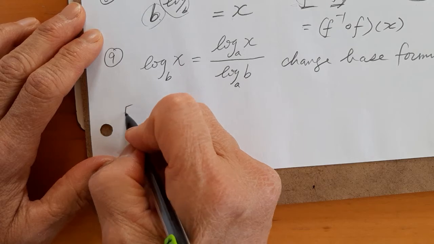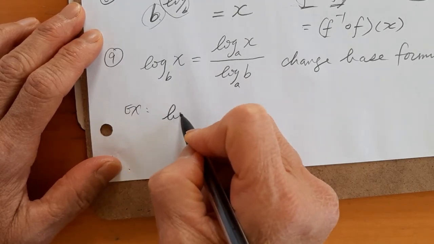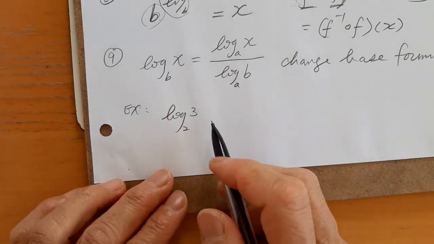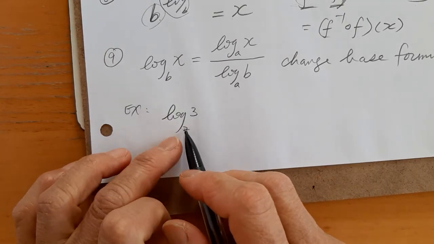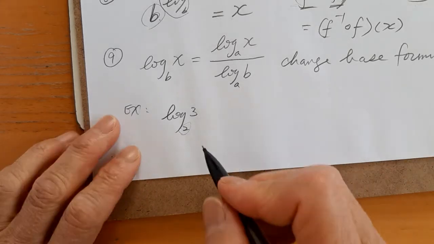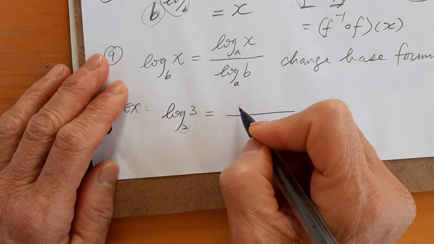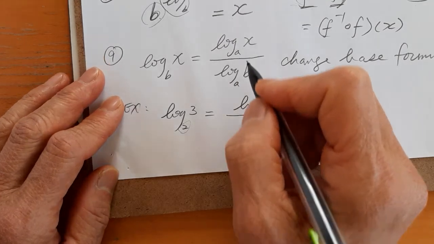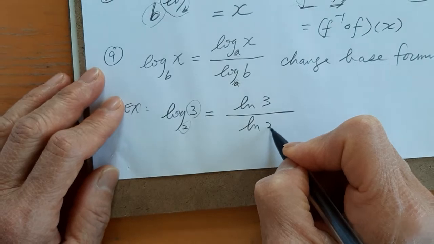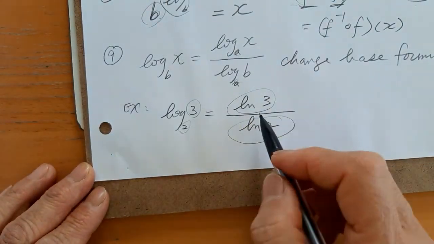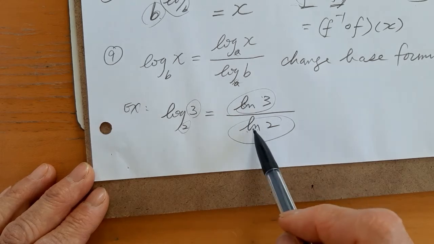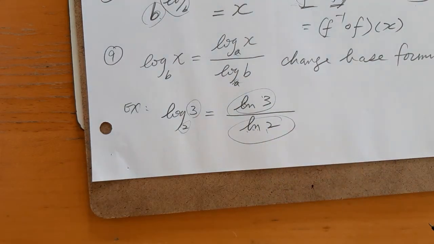For example, like log base 2 of 3. You cannot compute it directly, because the calculator doesn't have a log base 2 key. But you can change to base e: natural logarithm of 3 divided by natural logarithm of 2, and then use the calculator's ln key and divide to get the answer.